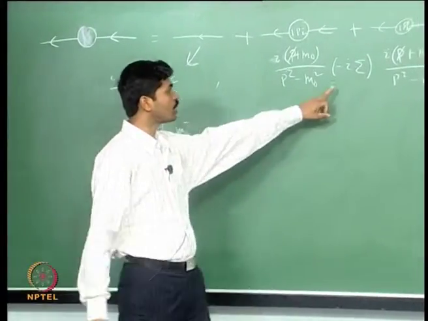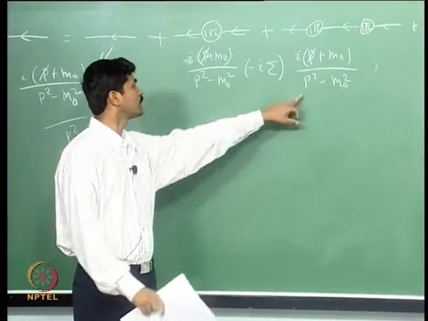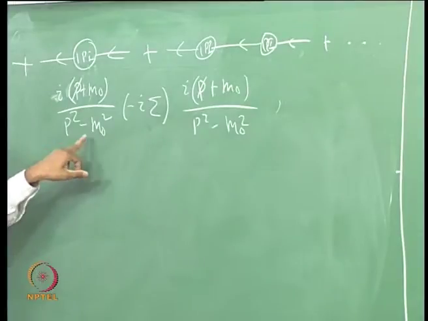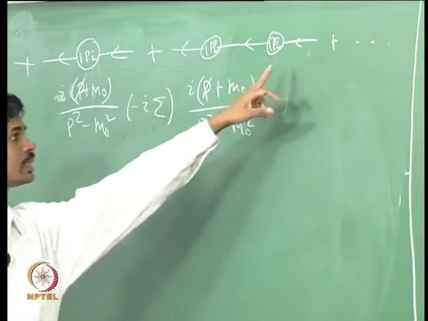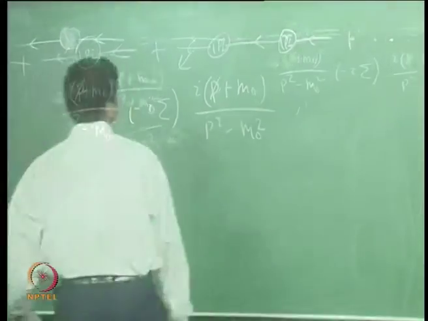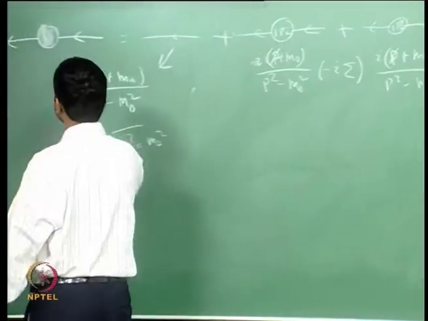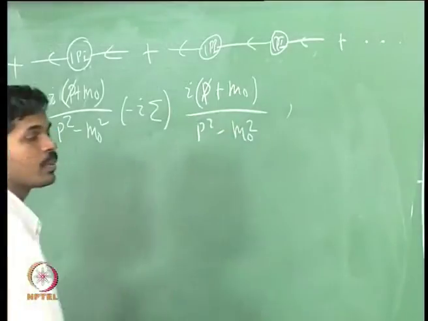This term has a double pole at p square equal to m0 square, because it contains 1 over (p square minus m0 square) whole square. Similarly, this will have a triple pole and so on. So the full propagator will involve higher order poles of all powers.